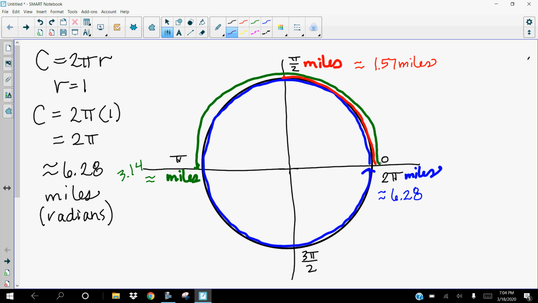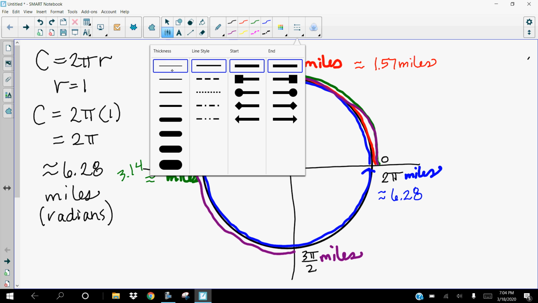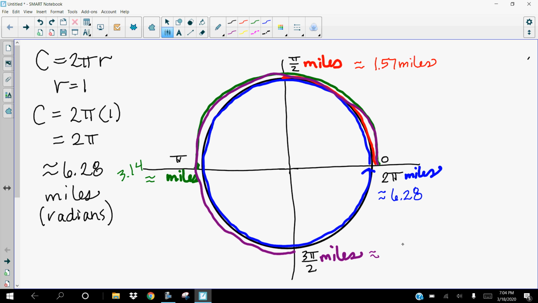If I were to start at 0 and walk all the way around, I had some energy and I decided to walk to this spot, that's 3 pi over 2 miles, or approximately, let me change my thickness, 4.71 miles.